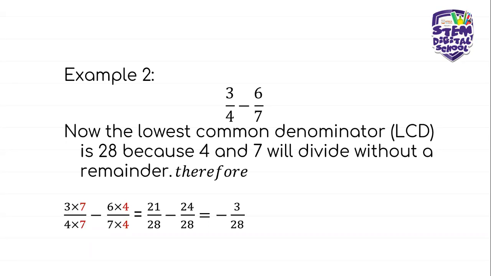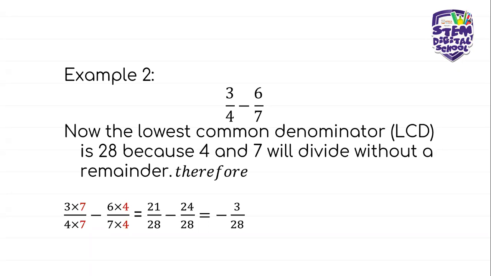And then whatever you do to the denominator must also be done to the numerator. Then 3 times 7 is 21, and 4 times 7 is 28. So 21 over 28 minus, and then 6 times 4 is 24, and 7 times 4 is 28.